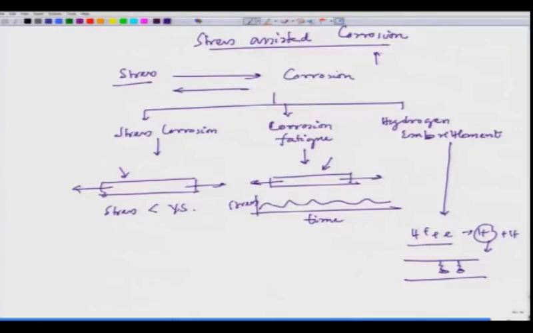It can also be transgranular in nature. There are many theories for stress corrosion, corrosion fatigue and hydrogen embrittlement. We would not look at all those theories, but in a nutshell these lead many times to catastrophe. And the main thing is they will not give you any signature that the component is failing, it fails suddenly.